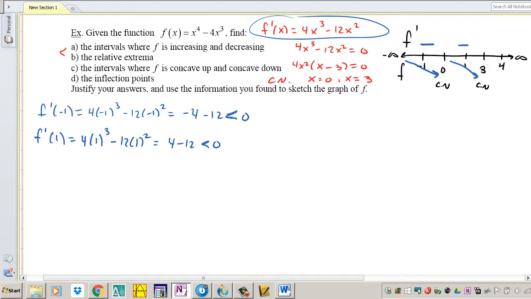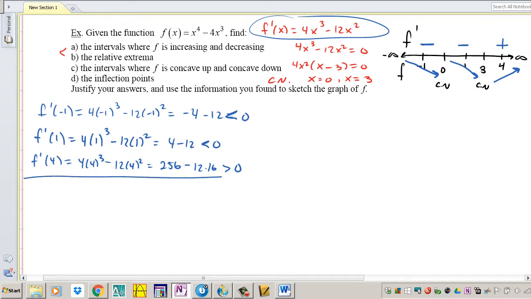Okay, now the last one is 4. 4 times 4 cubed minus 12 times 4 squared, and that is 256 minus 12 times 16, which is positive, and that is a positive slope, which means it's increasing from 3 to infinity.